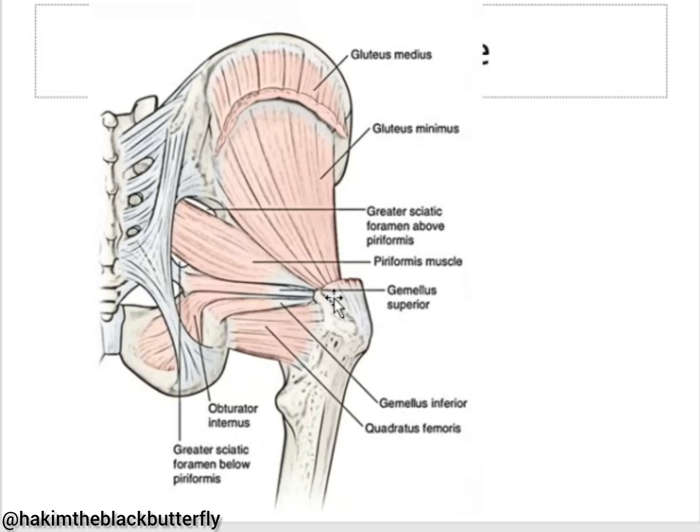When they contract, they cause the head of the femur to get firmly inserted into the acetabular fossa. In other words, their contraction stabilizes the hip joint and prevents dislocation of the head of the femur when you are standing.